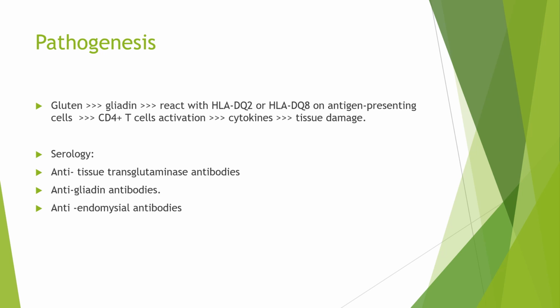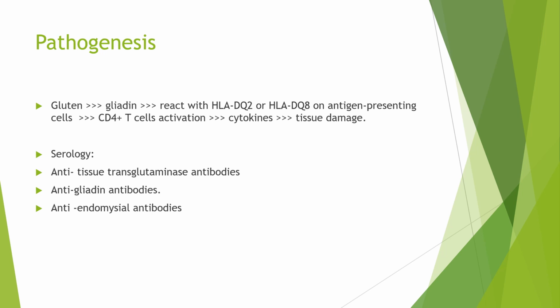So this gliadin is deamidated by an enzyme called tissue transglutaminase, TTG. Now, this tissue transglutaminase leads to the formation of deamidated gliadin. This deamidated gliadin will enter into the lamina propria of the small intestine.